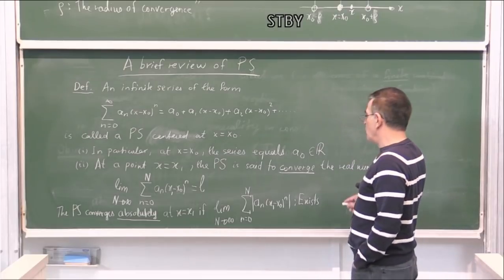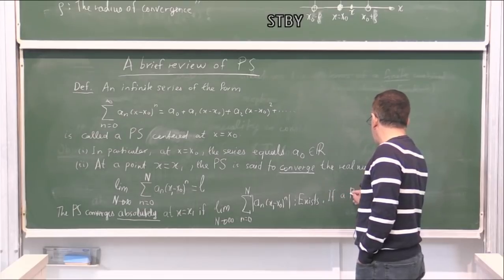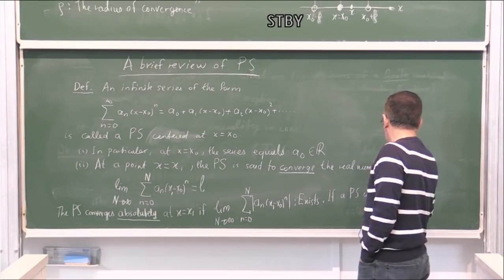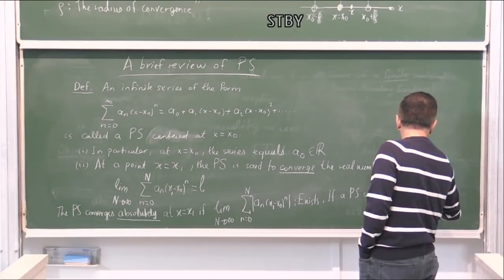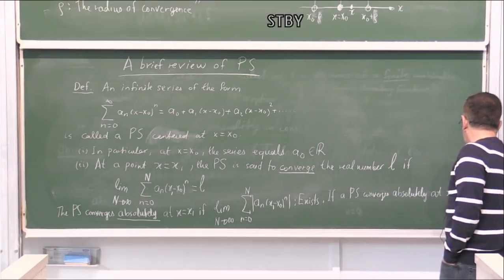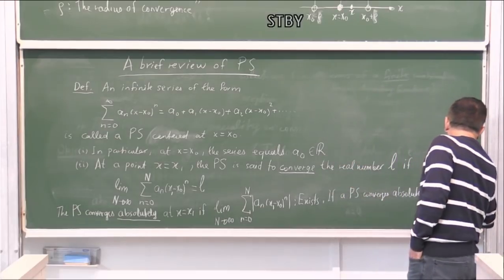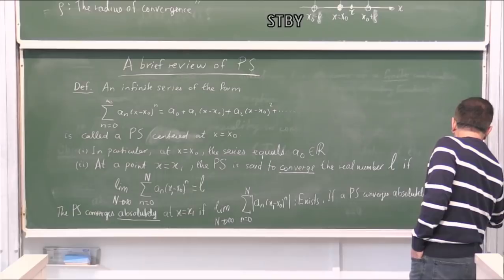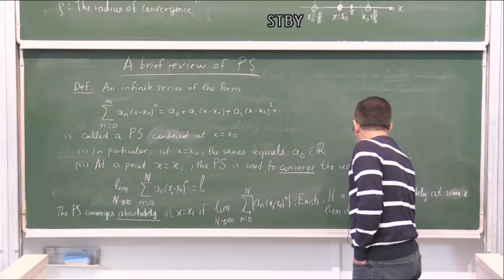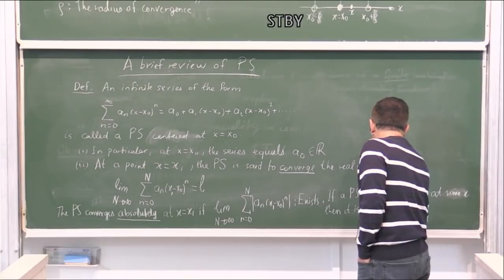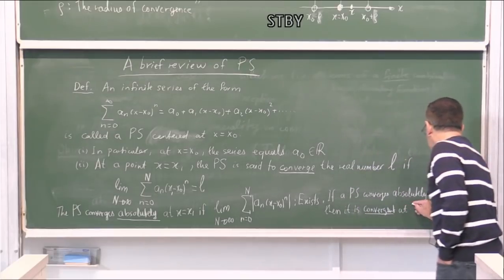And it is also known that if a power series converges absolutely at x equal to x1, or at some x, then it is convergent at that x.